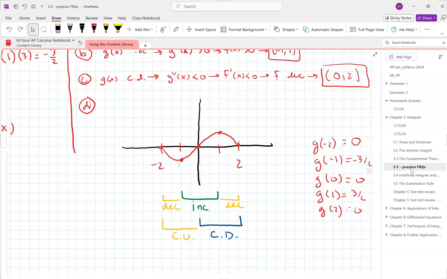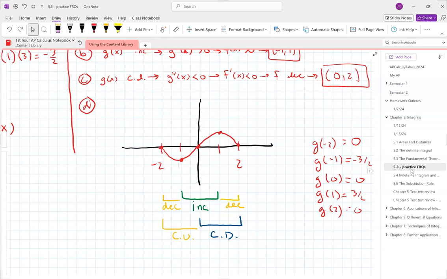But the majority of your points from the test will come from being able to do integrals where you have to do a U sub, where you have to do a definite integral or an indefinite integral, or use the graph, or break up an absolute value into a piecewise function and then integrate it.